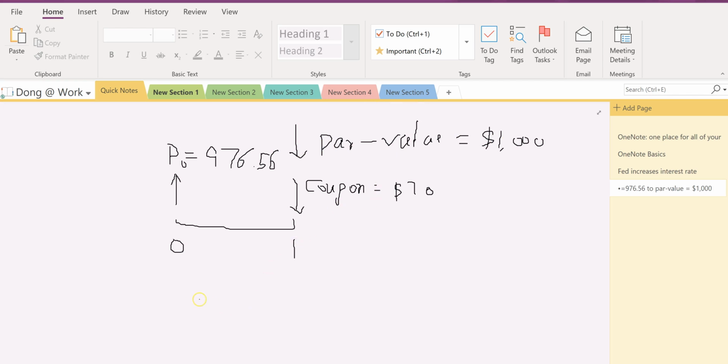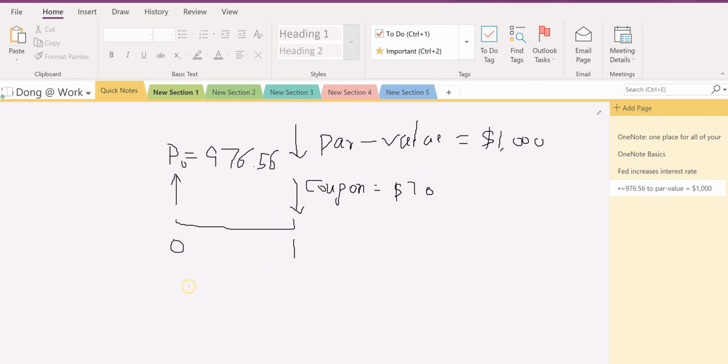And then the question is, what is the return? In general, to figure out the return, or what we call the yield to maturity, is a complicated calculation. We have to use either a financial calculator or Excel. But in this case, because this is only a 1-year bond with only two cash flows, we can calculate the yield without much difficulty.